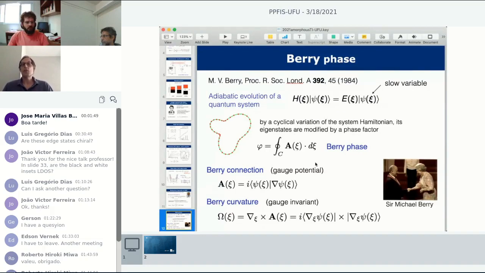And then Berry found, with a sort of sophisticated algebra, that there is a non-trivial phase that is accumulated, and it has physical consequences. And for Berry, this was a slow variable, right?